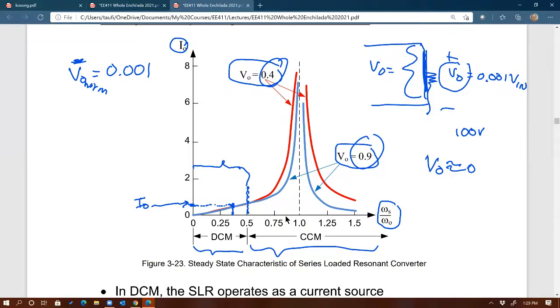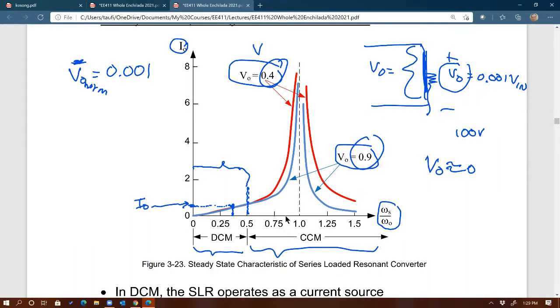So you can see that if I keep reducing the ratio to 0.00001, it will all merge into the same line. So it doesn't matter if the ratio is 0.5, 0.9, or 0.00001, it will always give me the same current. Why is that good?